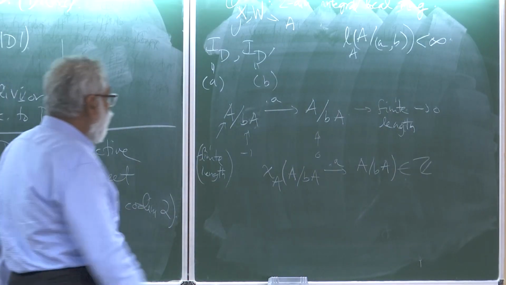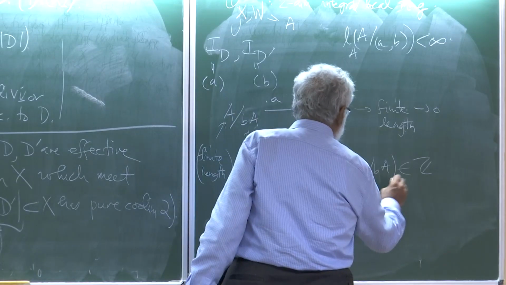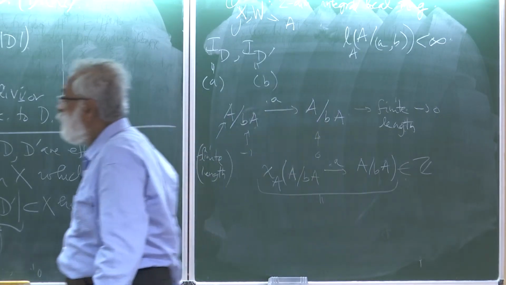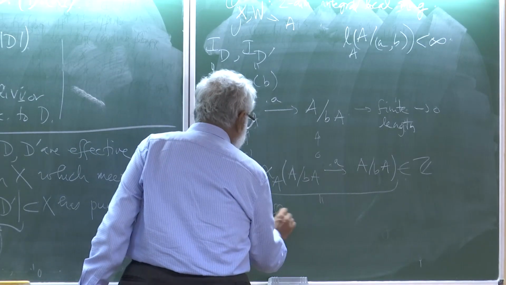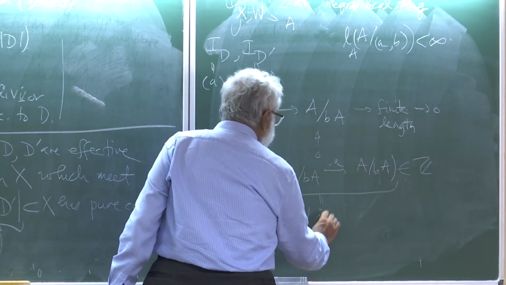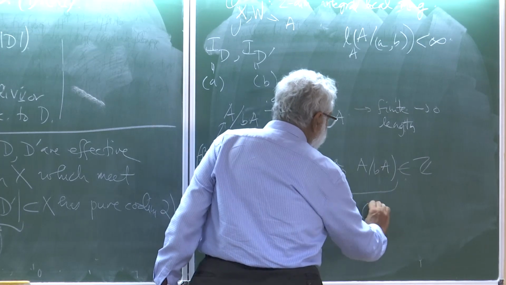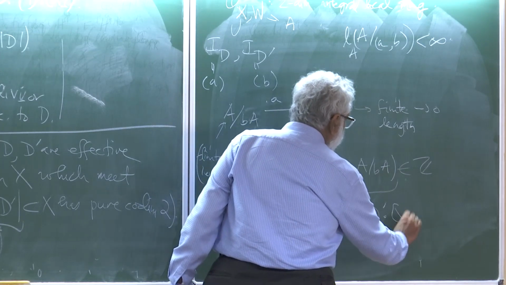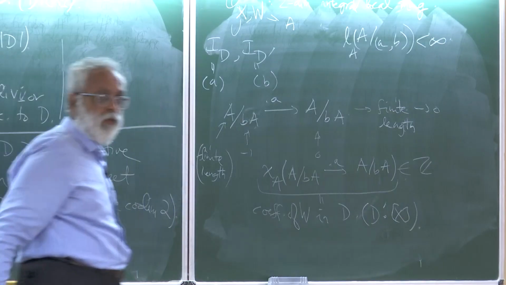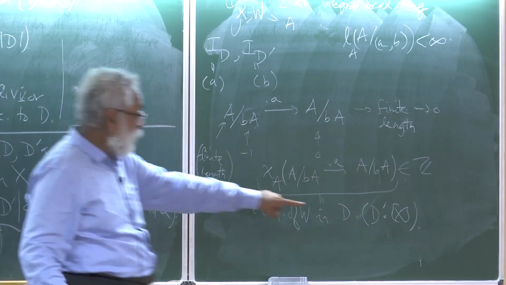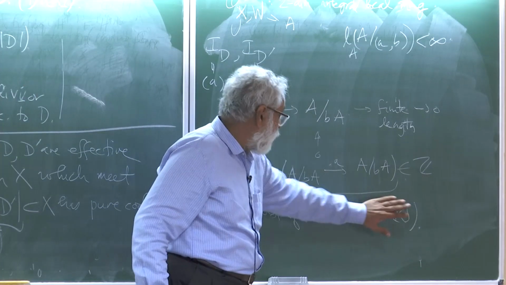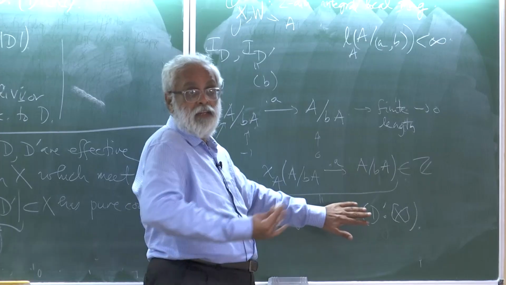So I claim this Euler characteristic is in fact just the coefficient of W in D dot D prime dot X. I'll leave you to think about why that's the case, but there's a particular order in which we've done it. We've done D prime inside. So we replaced X by D prime basically, and then try to do an intersection.